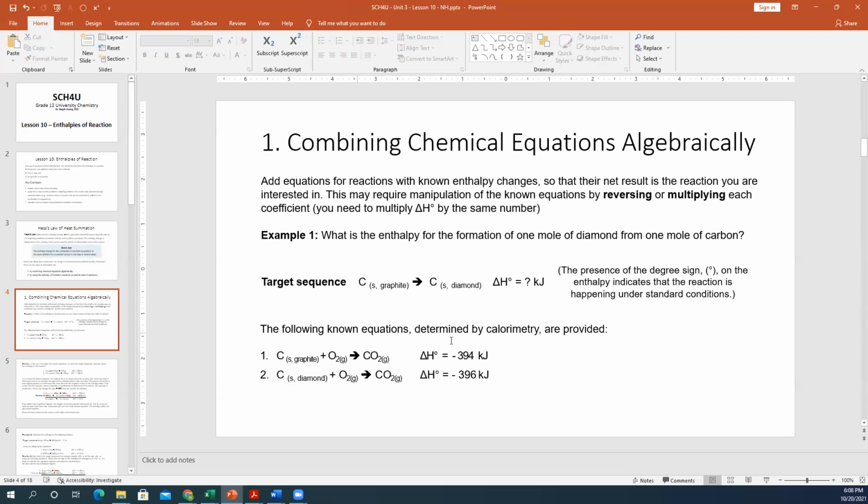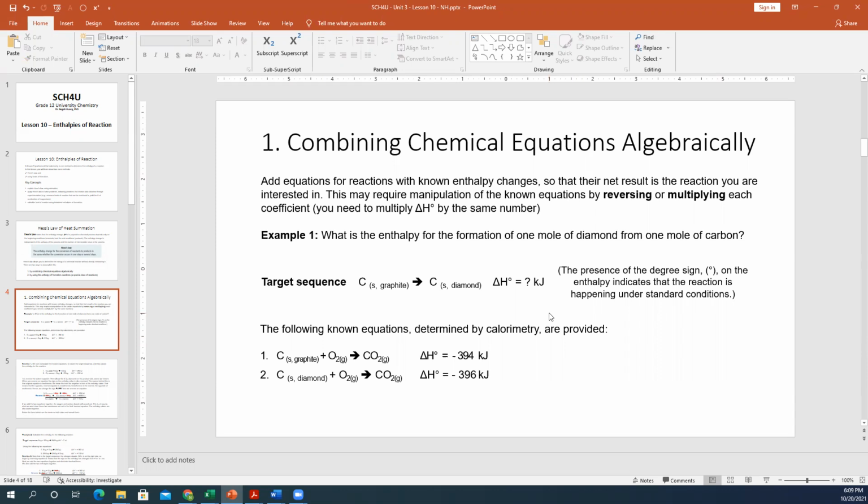These are some of the known equations that you would be given in this sort of question, or maybe you're given a table with a bunch of known equations and you're supposed to figure out which equations will be useful to solve for the target equation.